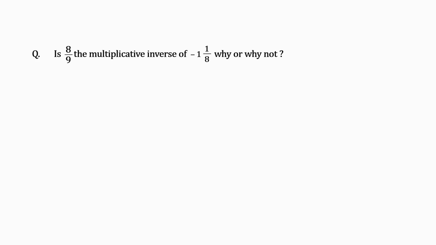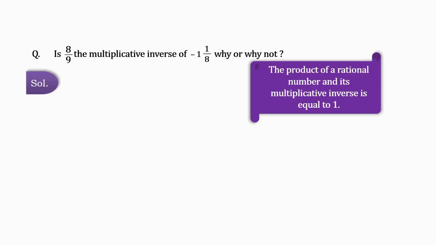Is 8 by 9 the multiplicative inverse of minus 1 1 by 8? Why or why not? So the product of a rational number and its multiplicative inverse is equal to 1.